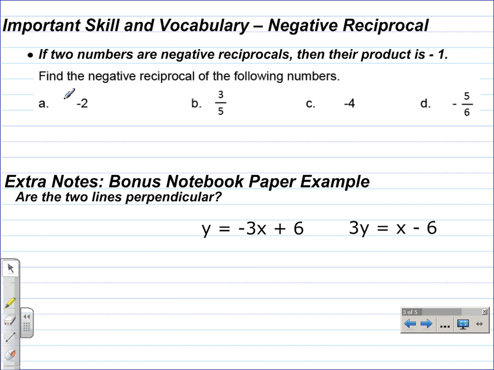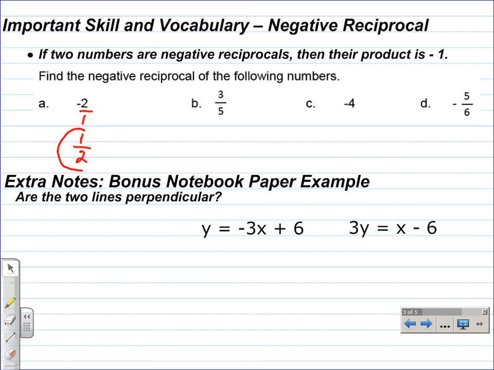So in this problem, we're given the number -2. Now, it's not a fraction, but we can make it a fraction by putting it over 1, and its negative reciprocal would be a positive 1/2. The negative or opposite of -2 is a positive, and the reciprocal of 2 over 1 is 1/2.